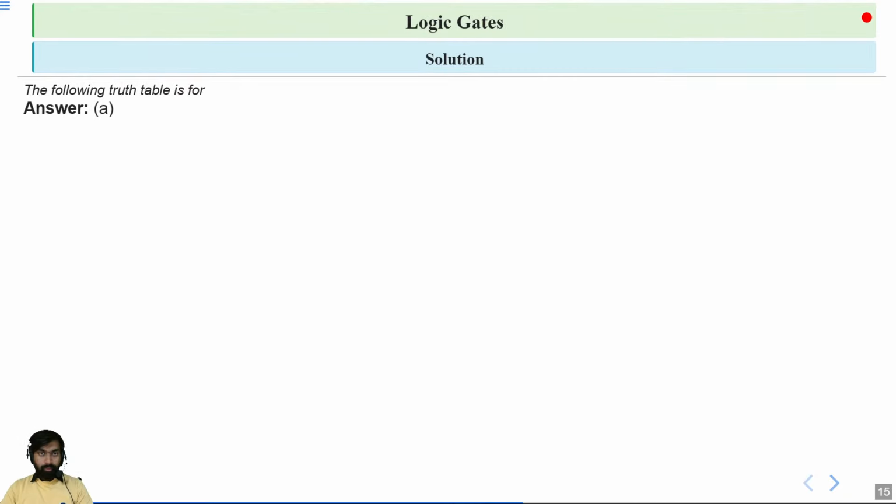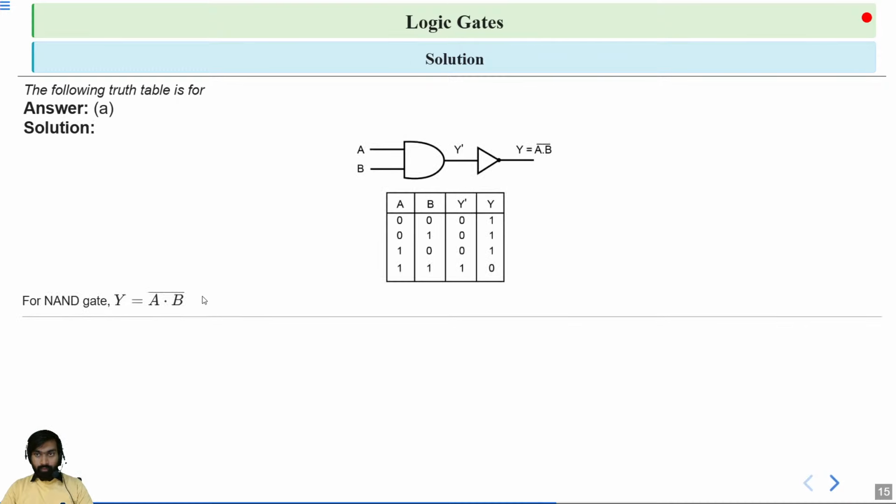So the correct option will be option A. Look at here. This is the symbol of NAND gate, and this is its truth table. A NAND gate is a logic gate that produces an output of 0 only when both inputs are 1. Otherwise, its output is 1.